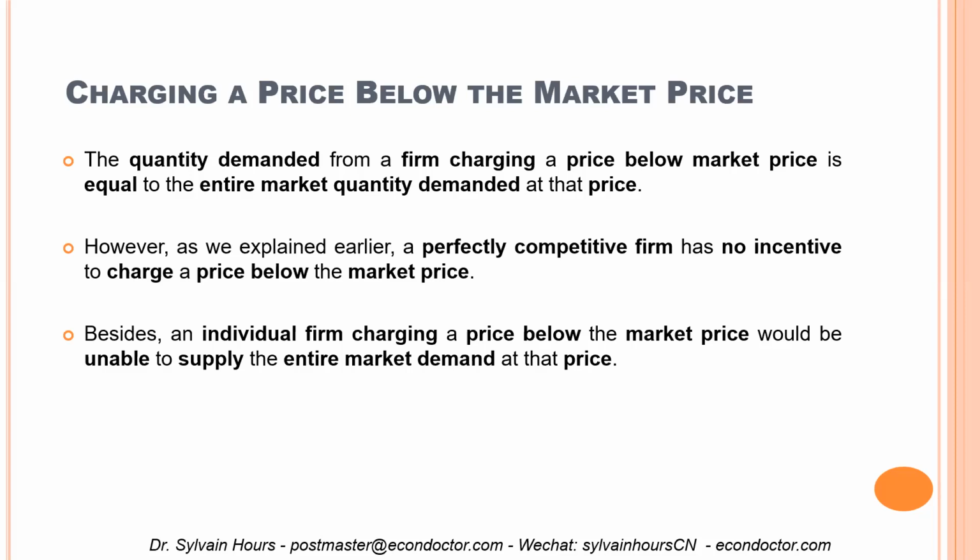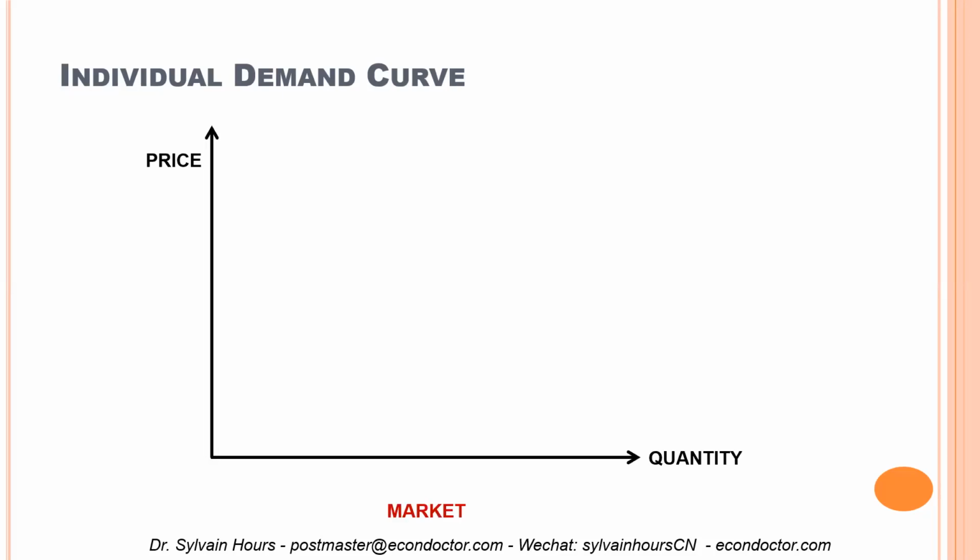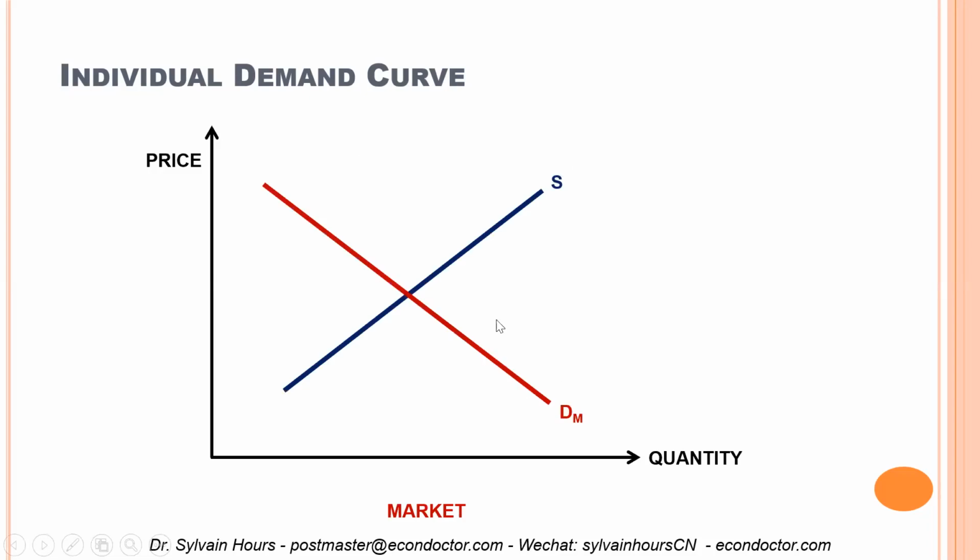Okay, so how do we represent that graphically? You'll see that we will understand the usual diagrams that we see in textbooks a bit better. Right, let's represent the market. We have the market quantity on the horizontal axis and the market price. I have the market supply and the market demand. Of course, market demand is downward sloping.